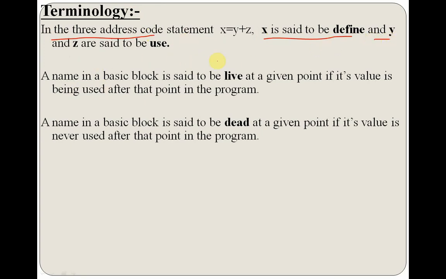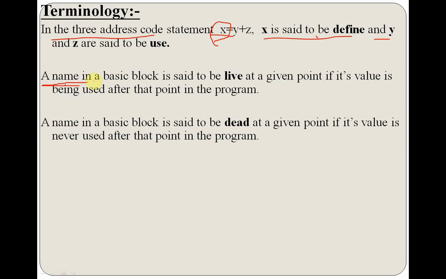That means the value of variable x is defined by using the variables y and z. The variables y and z are used to define the value of x. That is the meaning of define and use.